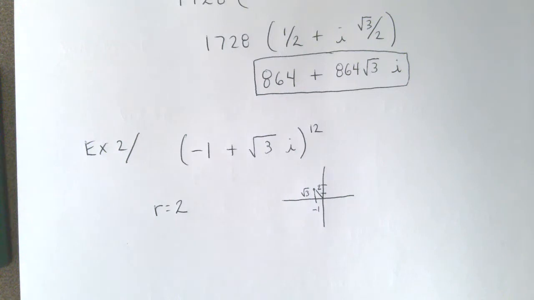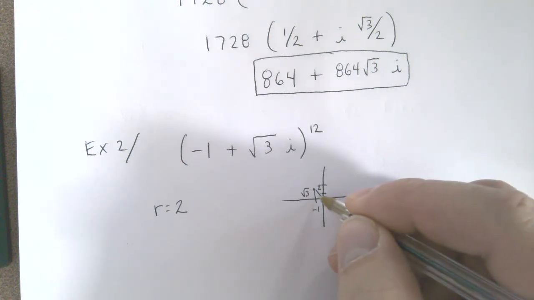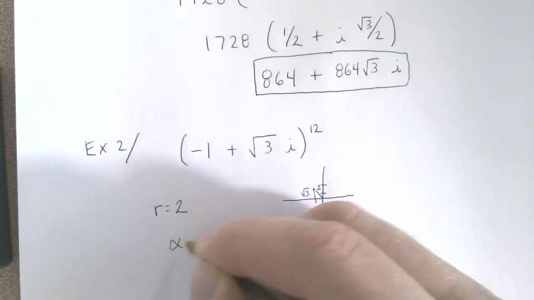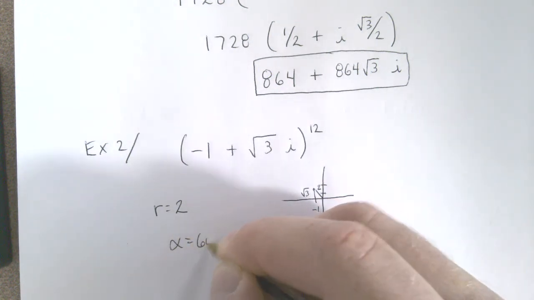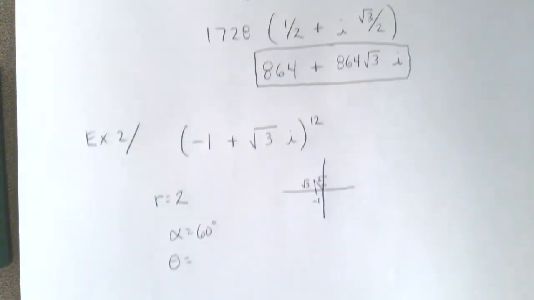Okay, so we know that r is 2. Because we know it's a 30, 60, 90, we know that the alpha here is going to be 60 degrees, which is going to make theta what?